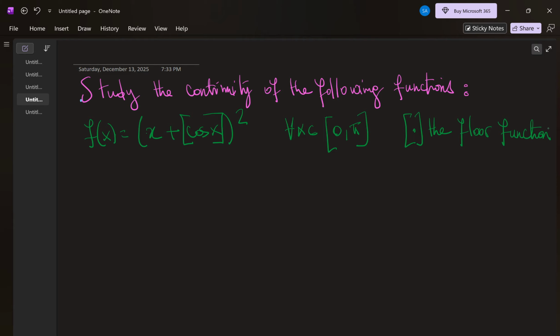So how to solve this exercise? To do this, we must divide our interval from 0 to pi into some intervals where the floor function of cos x is equal to 0 or 1 or minus 1, depending on the values of x on this interval.